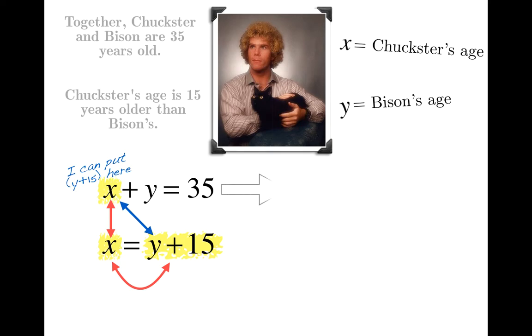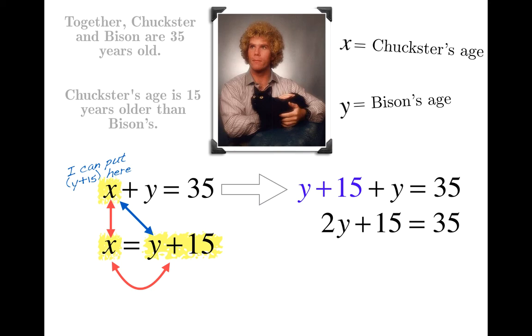Why would I do that? Because it would substitute in there to give me an equation that is easier to solve. I can solve y plus 15 plus y equals 35 by simplifying it, because if I have y and y, that's 2y. Take away 15 from both sides, and then I'll have 2y equals 20, and then I divide by 2 on both sides, and I get y equals 10.